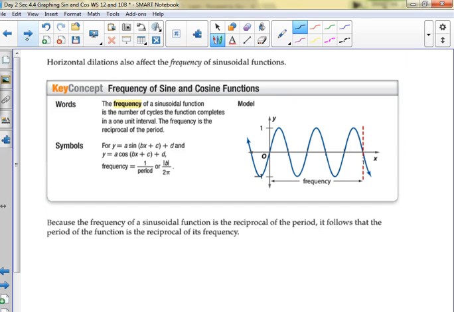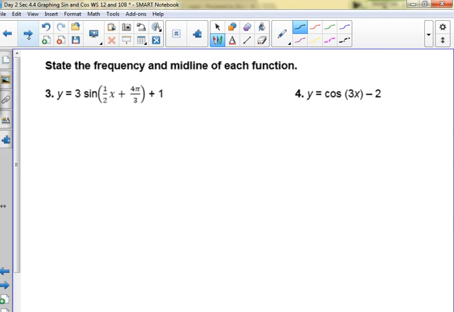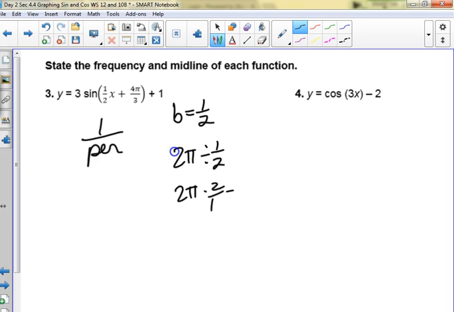I want to talk about frequency super fast. Frequency is 1 over the period, the reciprocal of the period. What is the period of this graph right here? B is a half, so the period is 2 pi divided by 1/2, or 2 pi times 2 over 1, which is 4 pi. So the frequency is 1 over 4 pi.